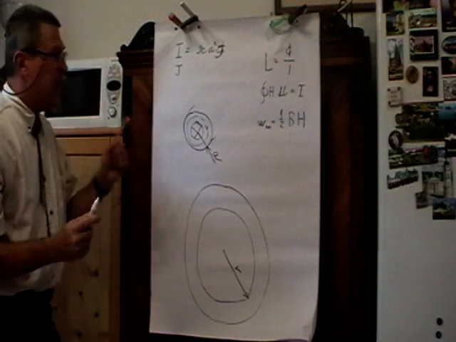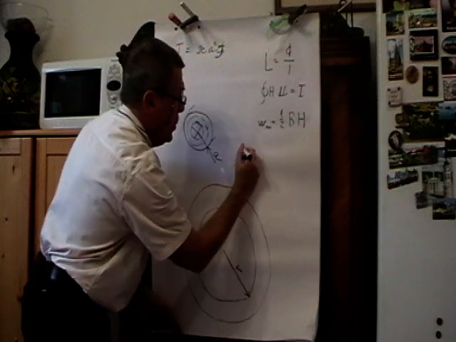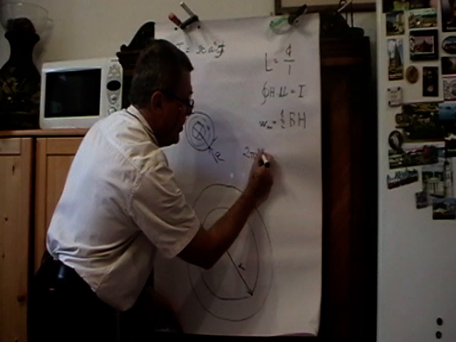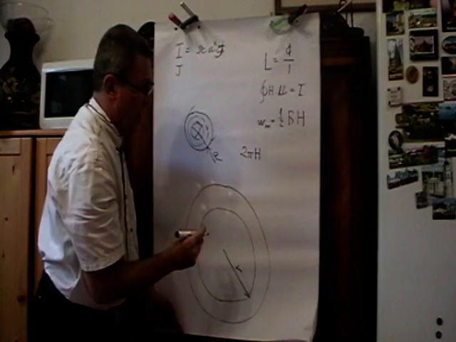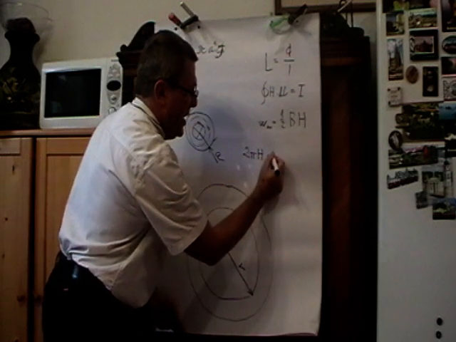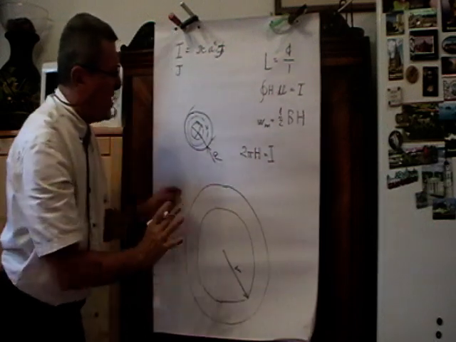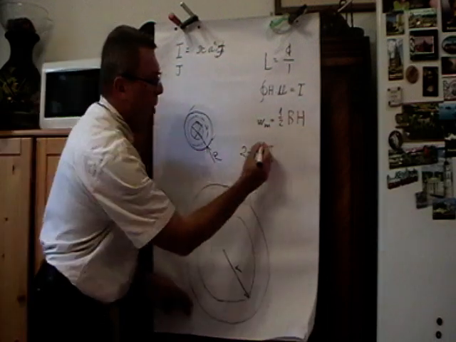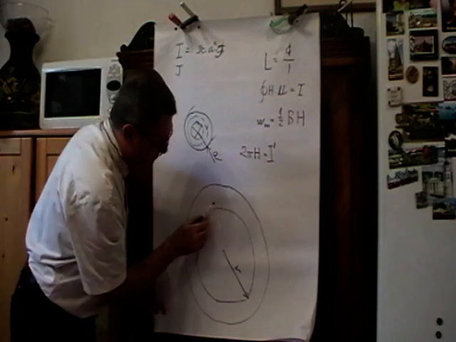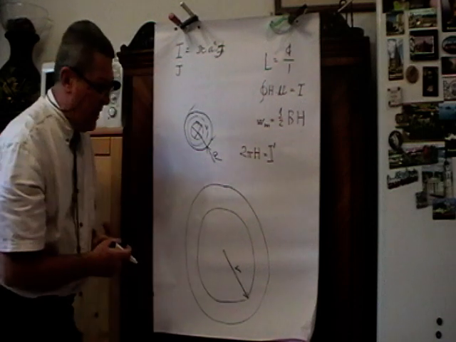So it would hold that 2 pi r H is equivalent to I. But we have a number of currents on this white sheet today, so I will make it I with an apostrophe. That's the current that flows through the cross section inside a circle with radius r.